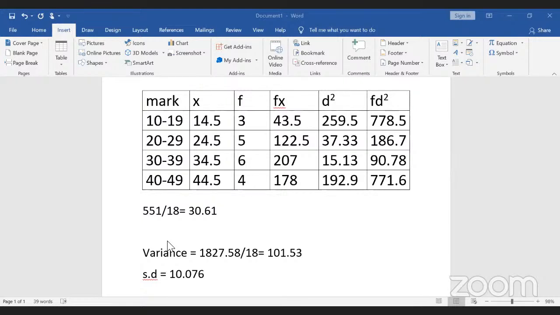X minus x bar has been replaced by that letter D. Then remember, we are squaring it. We square that deviation, the same way the book is telling us: we say x minus x bar, then we square. We are squaring so that we get rid of the negatives that cancel out with the positive, so that we end up with a 0.